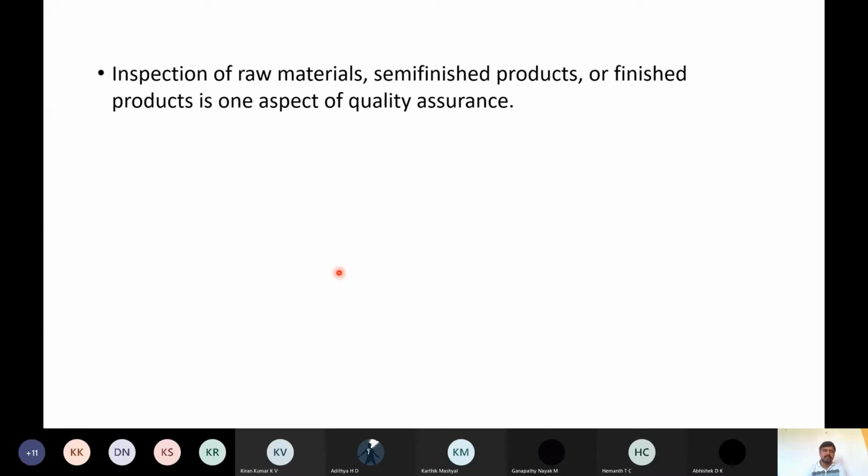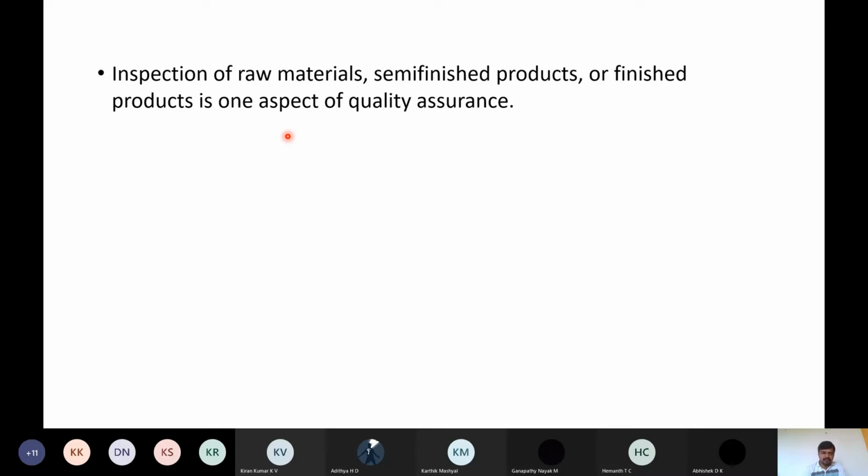First, when does sampling come into the picture? It will come into the picture during inspection. We perform inspection of products in order to ensure they are of acceptable quality. In order to have an idea regarding the quality of the product, inspection is necessary.